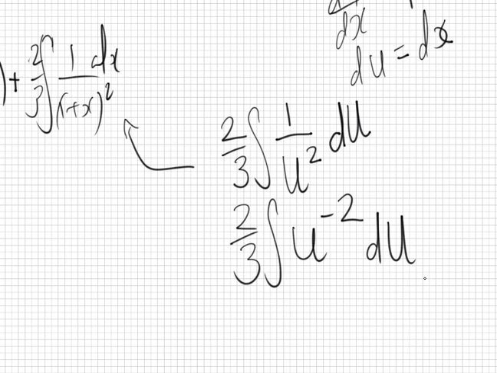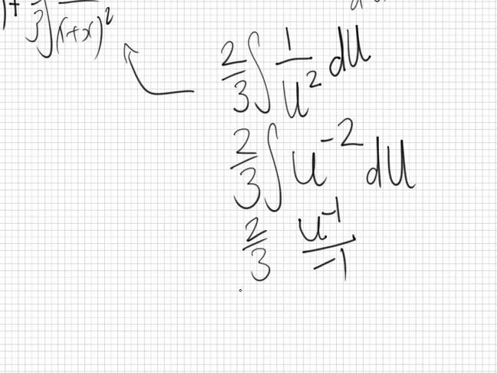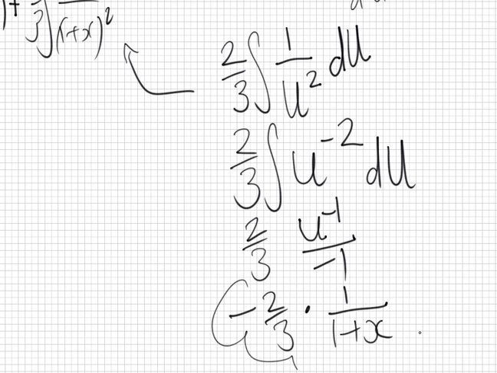Now what does that integrate to? u power minus 1 over minus 1, which is minus 2 over 3 times 1 over u. And what's u? 1 plus x. So that's the answer there for that piece.